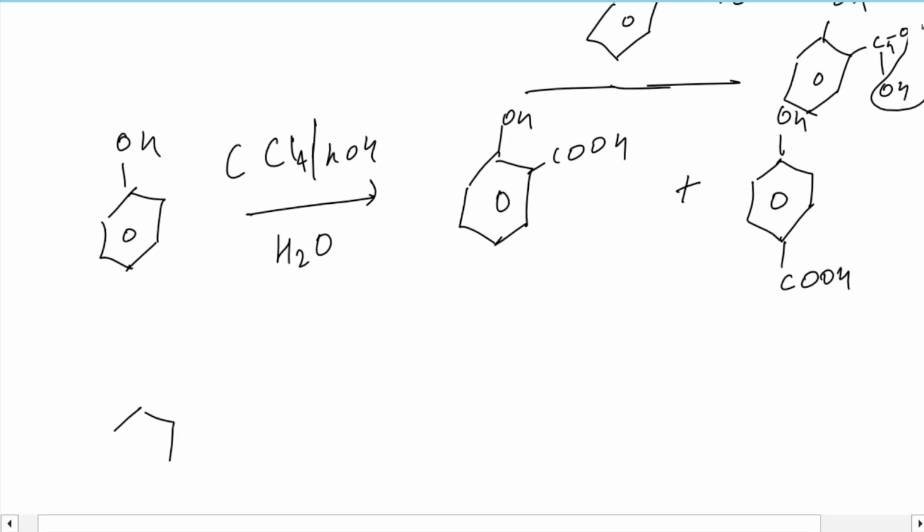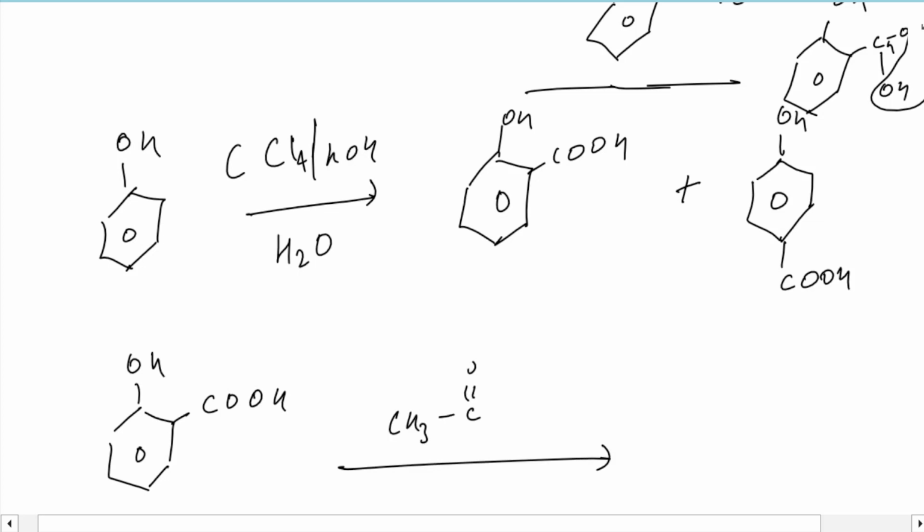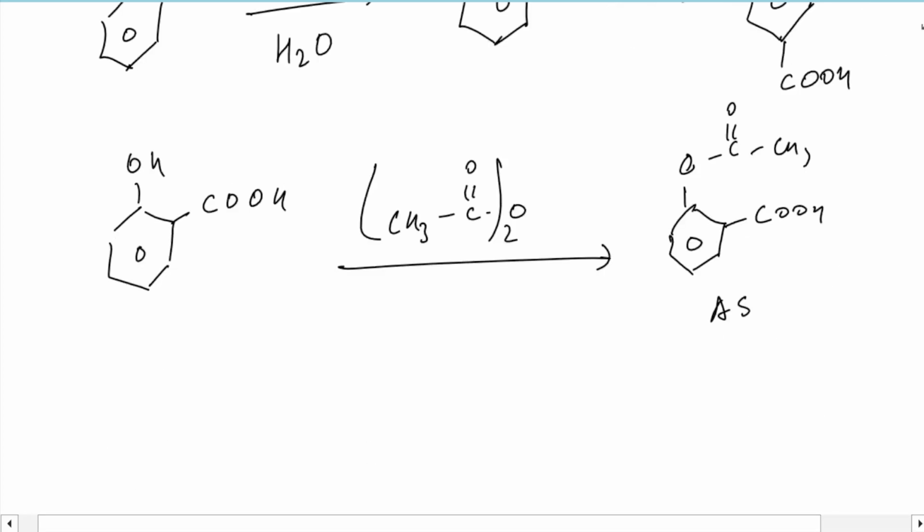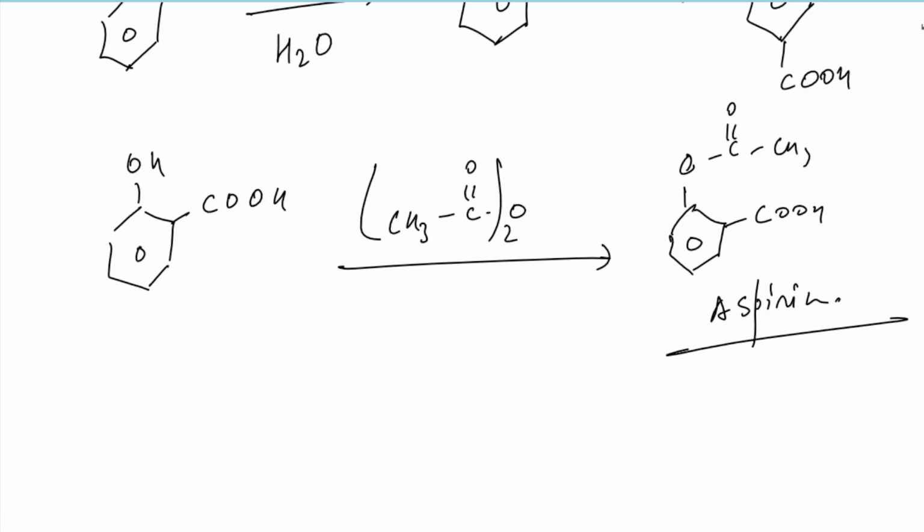When salicylic acid is acetylated, what is formed is aspirin. This is known as aspirin. So this is just an esterification reaction, where an ester is formed here.